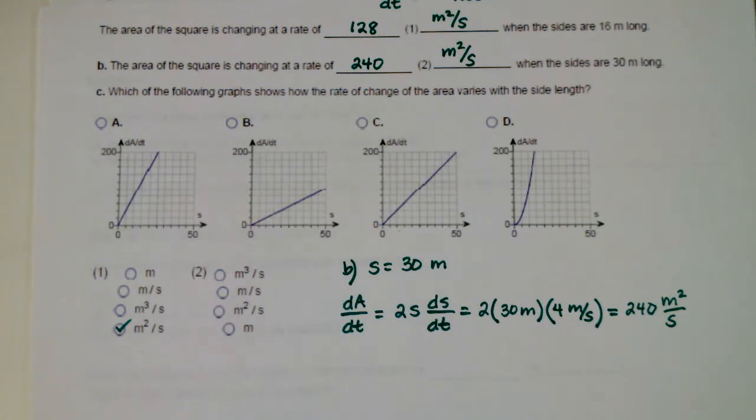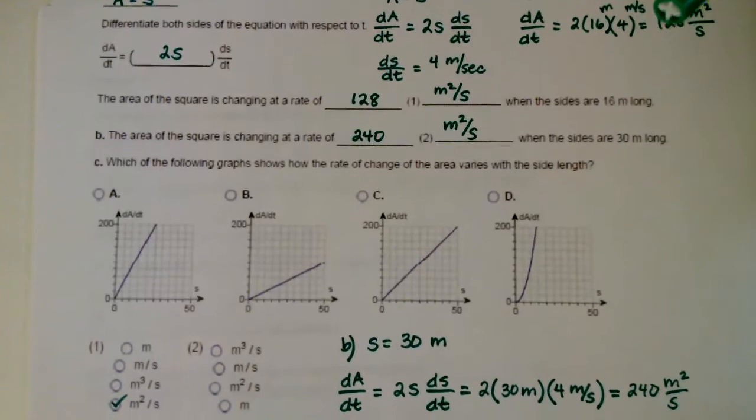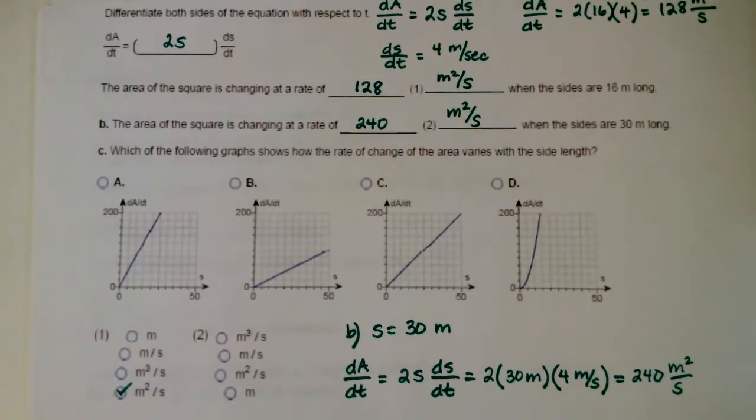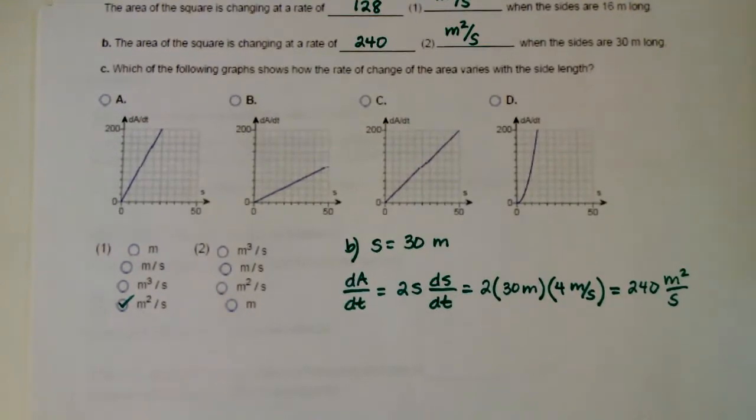And then in part C, which of the following graphs shows how the rate of change of the area varies with the side length? Well, it was 2S ds dt for the derivative of A with respect to t. All right, so I'm going to put that 2S in the calculator, and then we're going to do the graph.